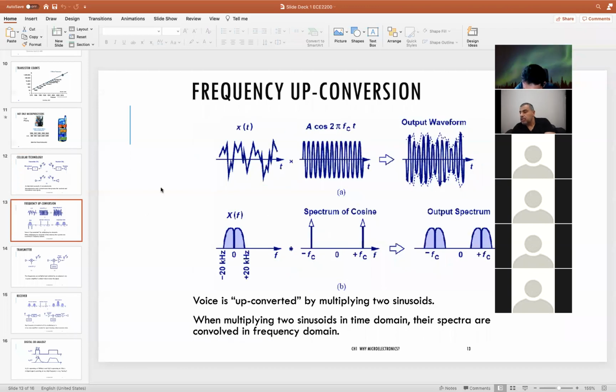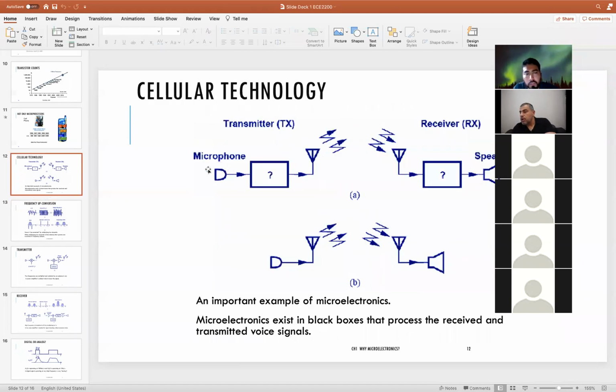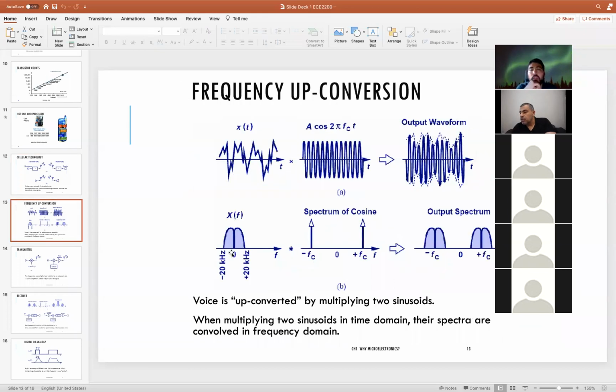So if you look at what this is doing, your voice as I'm speaking, what the microphone is picking up, if you look at the frequency components of my voice, it's actually pretty low frequency.